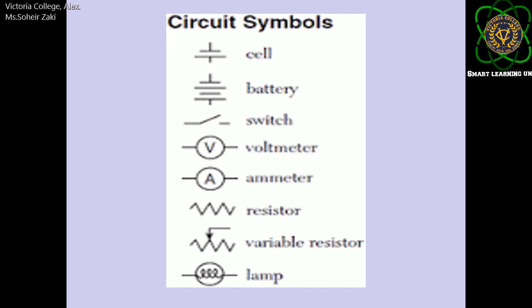The resistor is a fixed resistance, and this is the shape of the resistor. The rheostat or the variable resistor takes the same shape with this arrow that is considered to be the slider used to change the value of the resistance, and the last one is for the electric lamp.